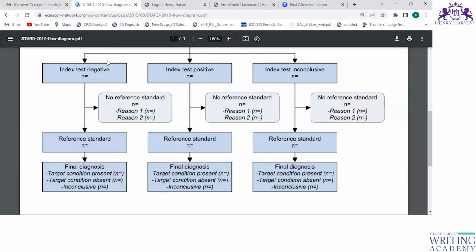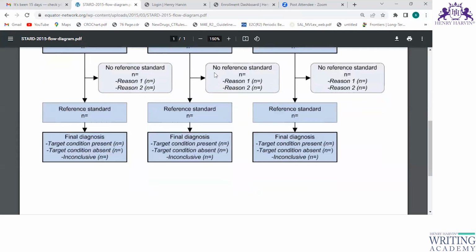So here you have to write the number of participants in which the index test is negative. Then here you have to write the number of participants in which the index test is positive. Then here you have to write the number of participants in which the index test is inconclusive. And then after testing the index test, the participants will be subjected to the reference standard. So first you have to write the number of participants who are not subjected to the reference standard test.